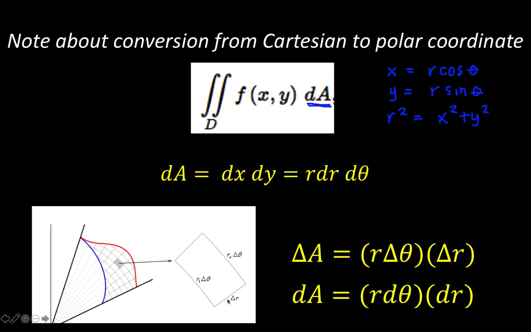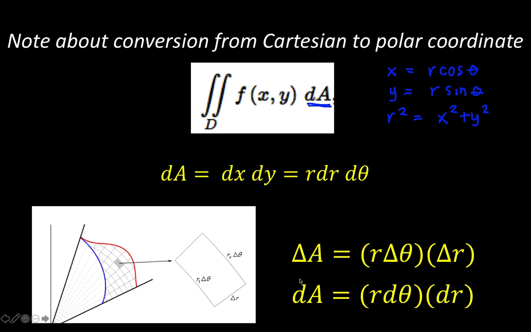If our change becomes very, very small, or infinitesimal, this delta r becomes dr, and this delta theta becomes d theta. And so the area, which is our dA, becomes the product of dr times r d theta.